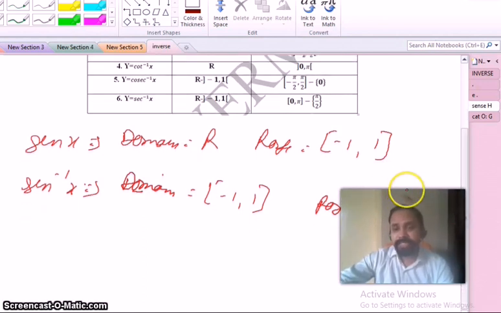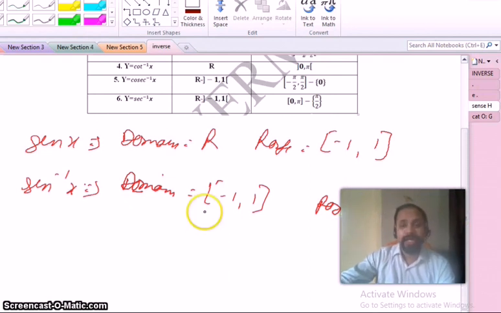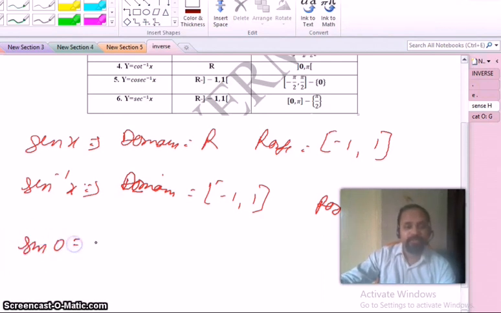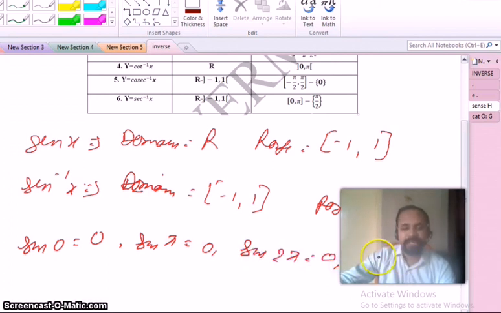But it is not true. Why is it not true? Again, come to the definition of the inverse of a function, and before that, let us come to sine. First tell me, is sine theta a one-one function or not? Let us check. Sine 0 is 0, sine pi is 0, sine 2 pi equals 0, sine 3 pi equals 0.